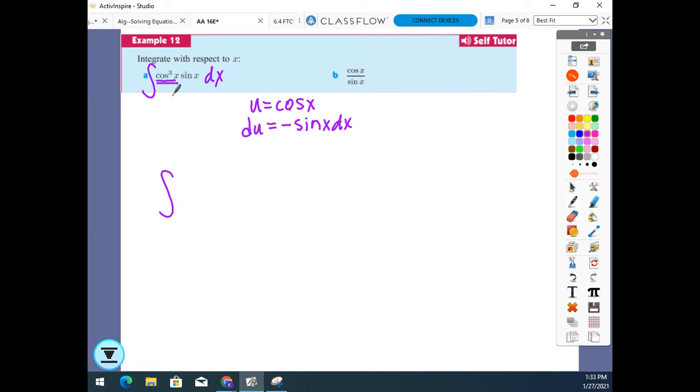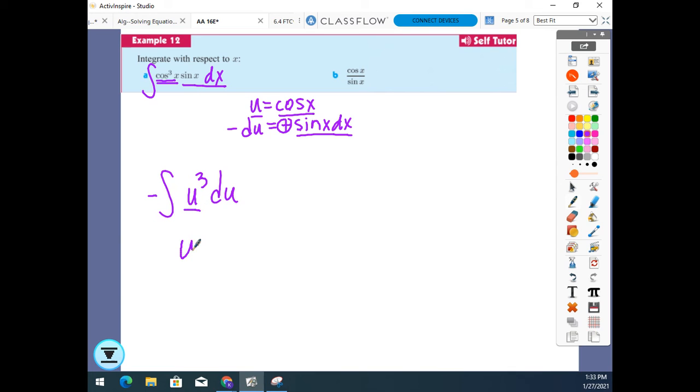All right, so cosine to the third, since cosine is my u, that's u to the third, sine x dx. Notice the sine x dx is here. I don't have that negative. So what I do is I move it to the other side, which makes this negative, and du goes at the end. If that's not sinking in, don't worry about it. We'll work through that in class.